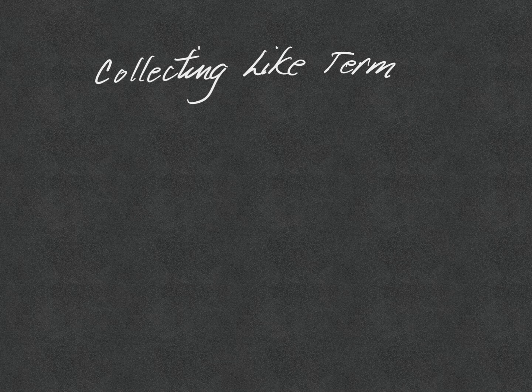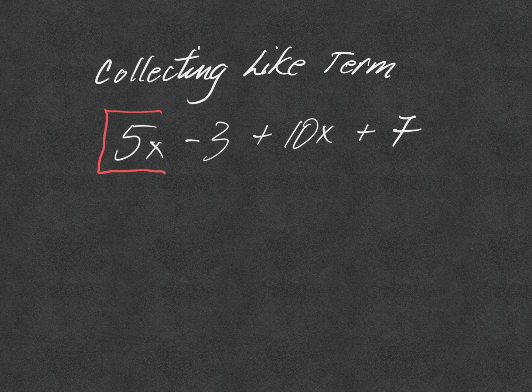So for instance, I'm going to write an algebraic expression. 5x minus 3 plus 10x plus 7, okay? Now, when I look at this, what I notice is that the 5x and the 10x are like terms because they both have exactly the same variable part.